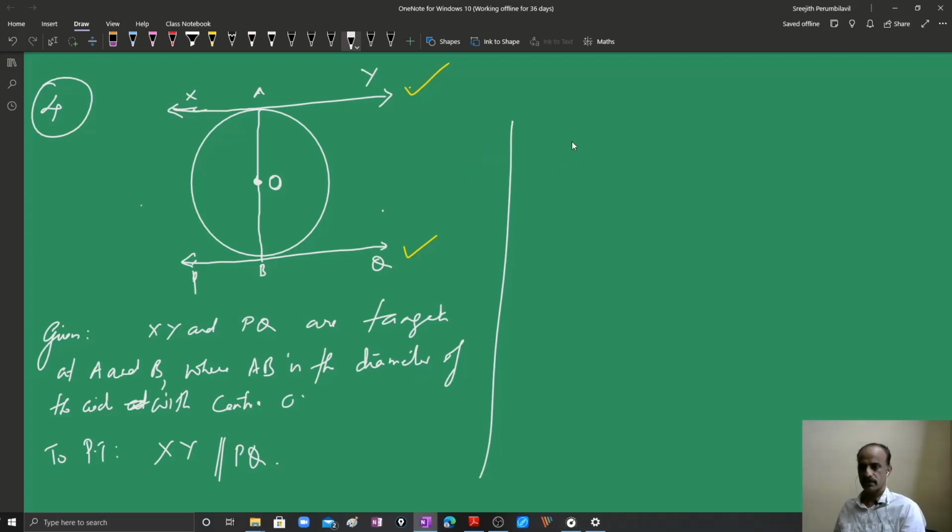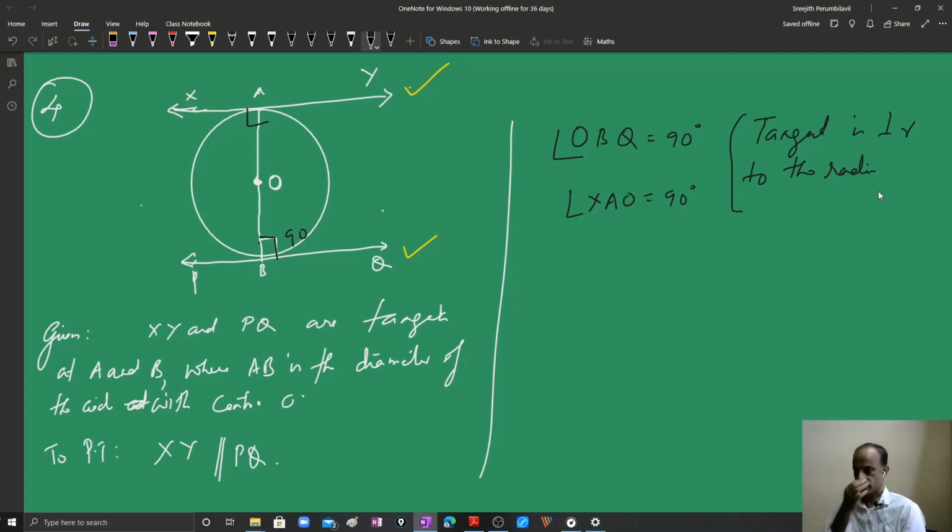So in this we know that this angle is equal to 90 degrees. How? From this figure, angle OBQ is equal to 90 degrees. Reason: a tangent is perpendicular to the radius. Similarly, angle XAO is equal to 90 degrees. The reason is the same.